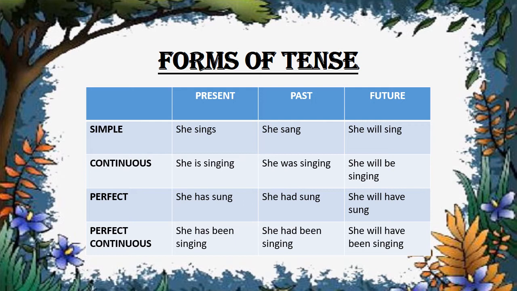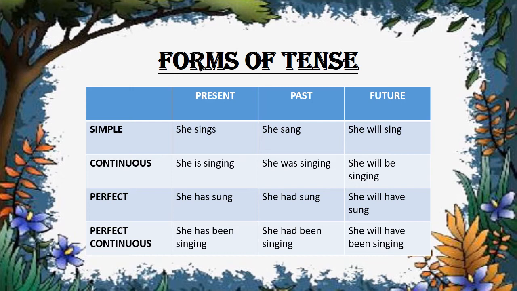For present continuous, the helping verb is a be verb, which represents the current state. Is is used to represent the current, present state. So this is present continuous.